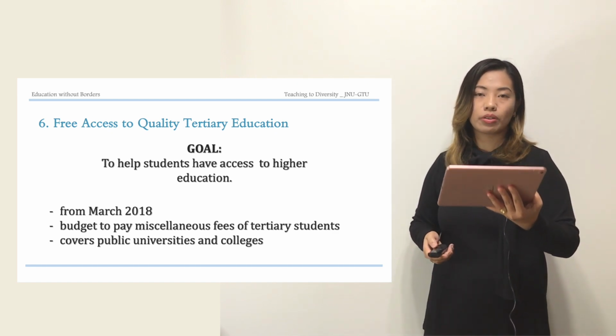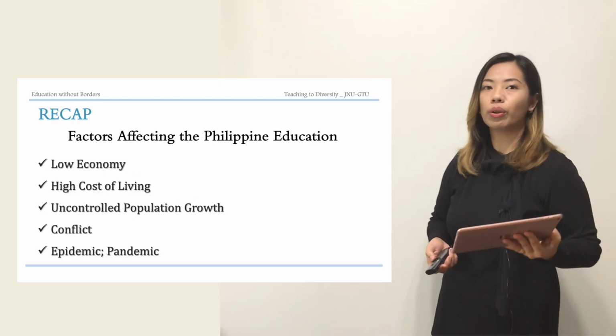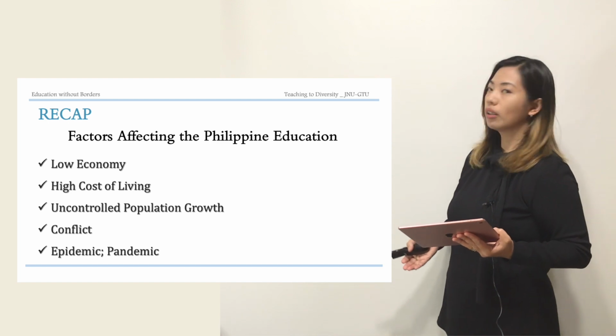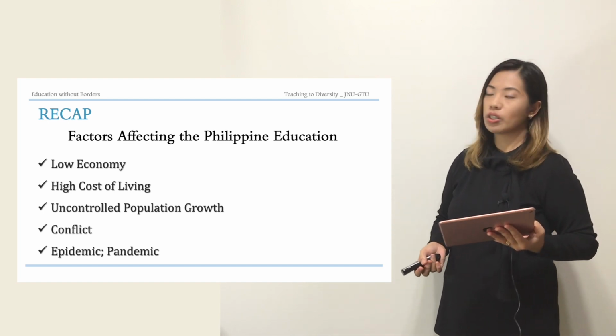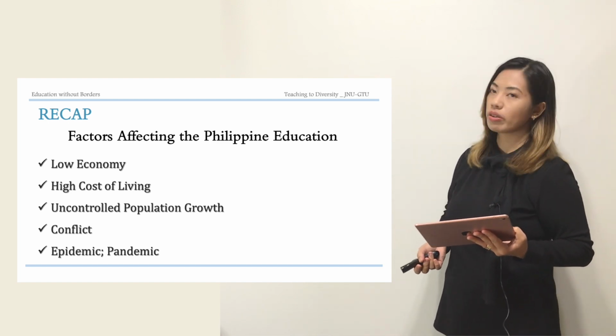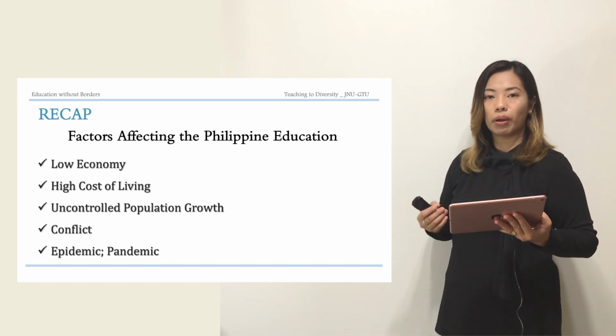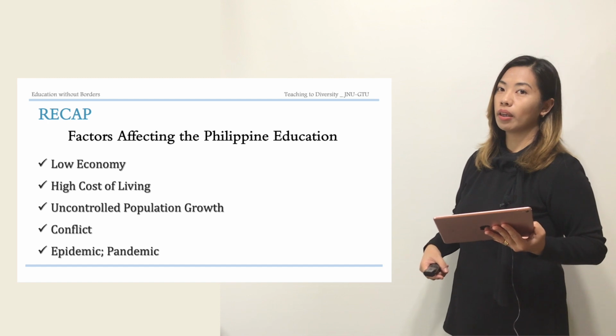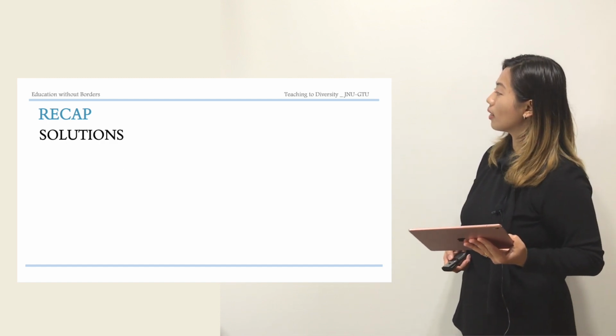Okay, so just to review what we have talked about, the following are the factors affecting Philippine education. We have the low economy, high cost of living, uncontrolled population growth, and conflict, epidemic, or pandemic that we are experiencing these days.